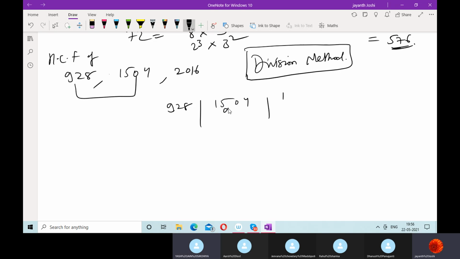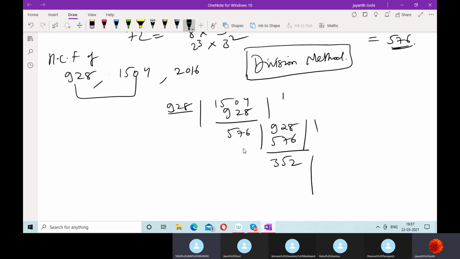1 times, what is the remainder? What is the divisor? 928. 1, what's the remainder? What's the divisor? 572. 1.